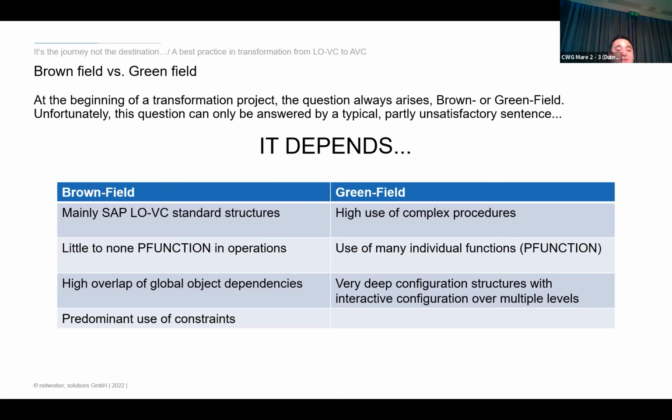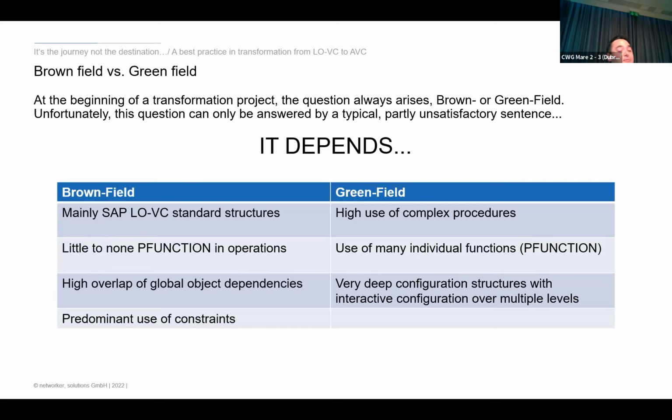So it is very important to evaluate and analyze at the beginning what kind of customer or individual functions you are using. Is it possible to replace them with standard SAP object dependencies? Or are they really necessary? What kind of new functions do I have in the AVC world to replace these P functions?